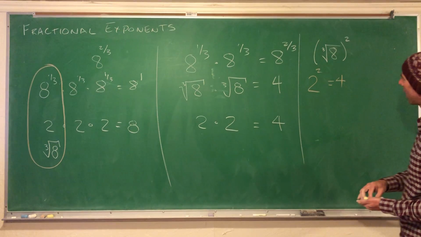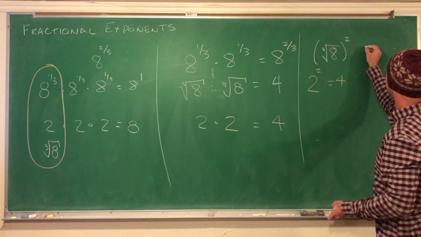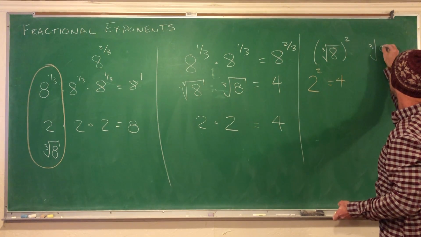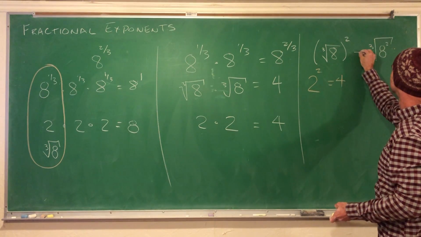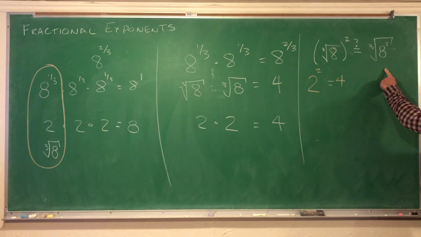Well, what's stopping me from writing it this way? Can I write it this way instead? Cube root of 8 squared. I'm going to put an equal sign at the question mark. Let's figure this one out.